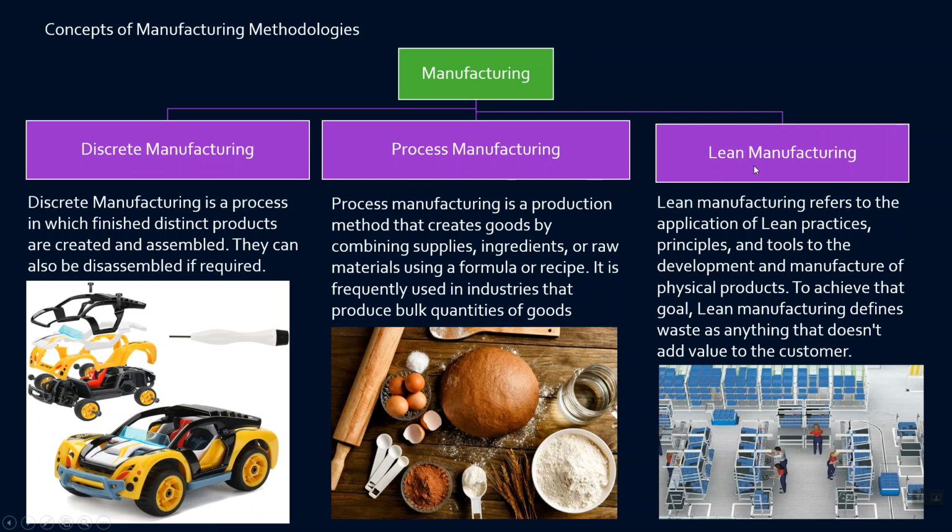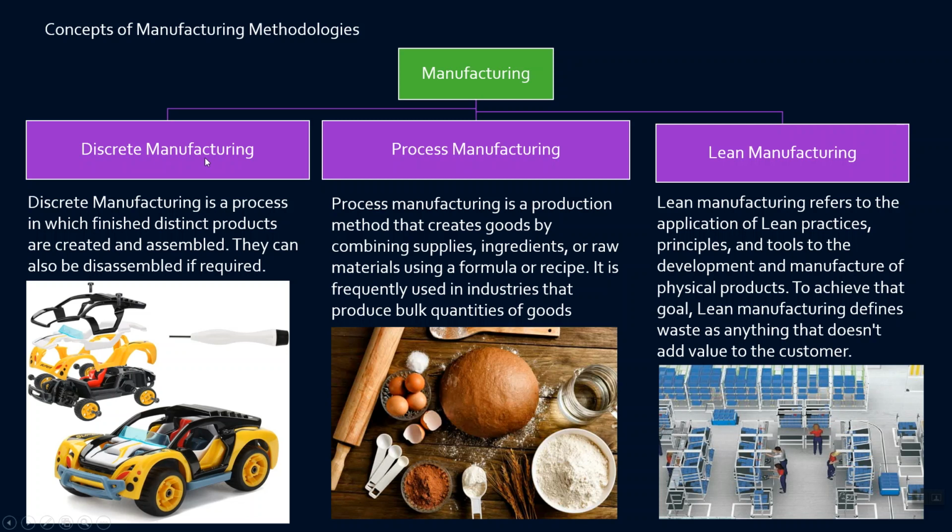Based on this differentiation, each path will be different to configure in D365, and it will make a drastic difference to you and your business when you choose an incorrect manufacturing methodology.